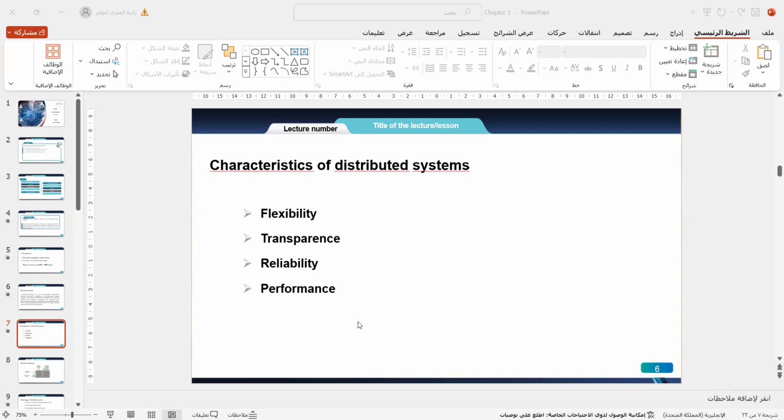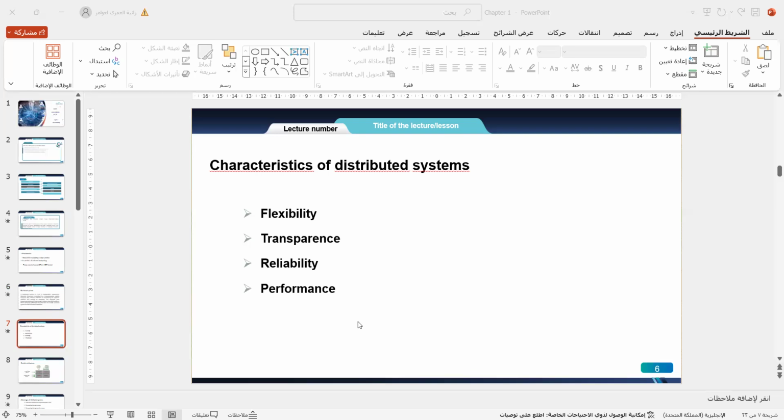Let's start with scalability. Scalability is the ability to grow as the size of the workload increases. It is an essential feature of distributed systems, accomplished by adding additional processing units or nodes to the network as needed.